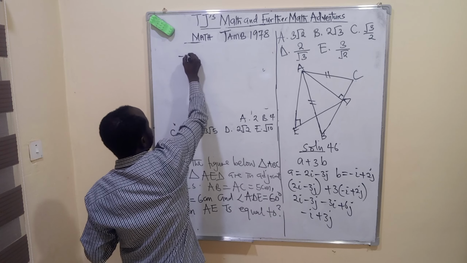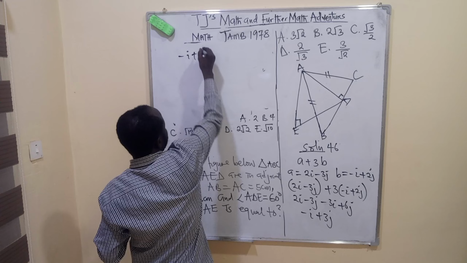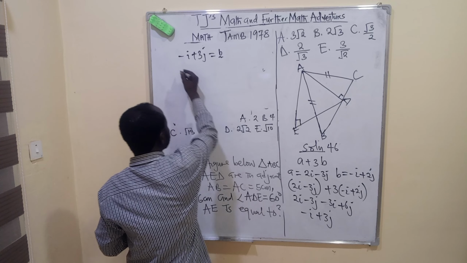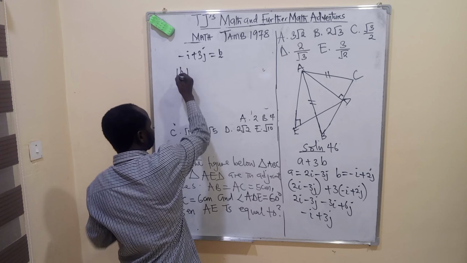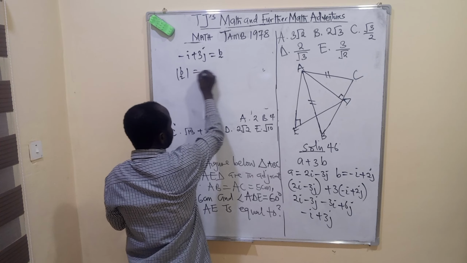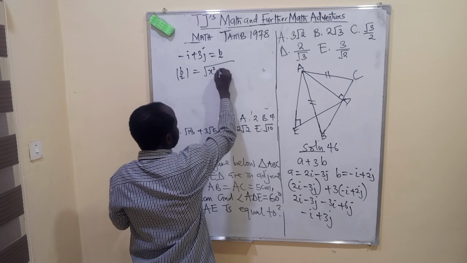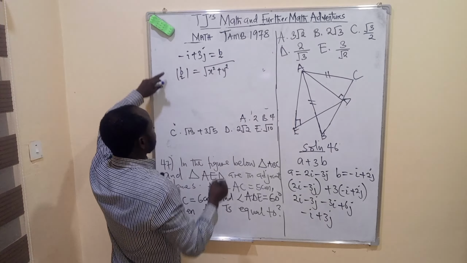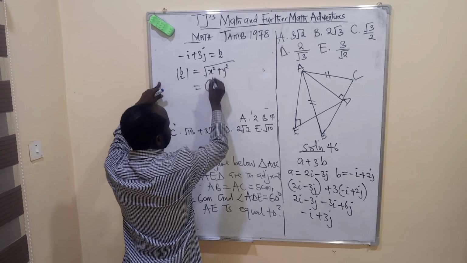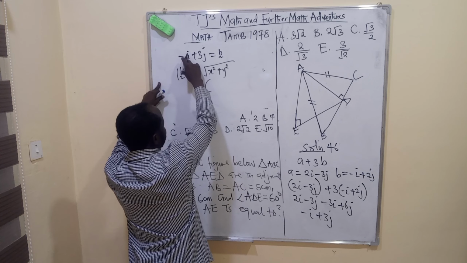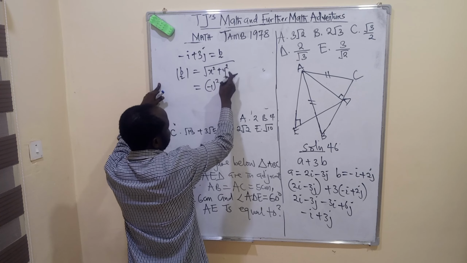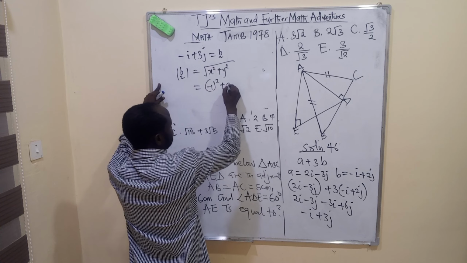So we have minus I plus 3J. Let's define this as vector B. The magnitude of this vector will be equal to the square root of x squared plus y squared. In place of x, the coefficient of I is minus 1, all squared, plus the coefficient of J, which is associated with y, is 3, that is 3 squared.